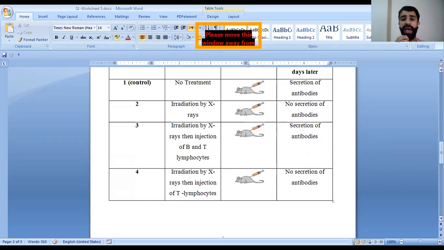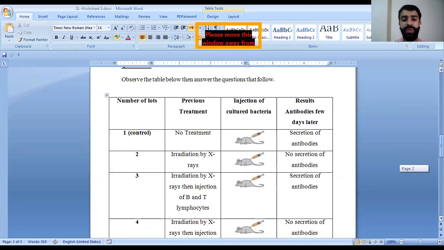Number three, irradiation with X-rays, then injection of B and T. We have secretion of antibodies. So here we can deduce till now that B and T are responsible for the secretion of antibodies. While in experiment 4, when we did the irradiation by X-ray, then injection of T lymphocytes alone, there is no secretion of antibodies. Okay, so what's the role of experiment 1?